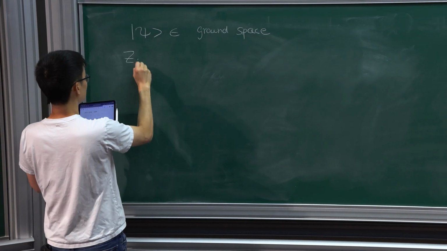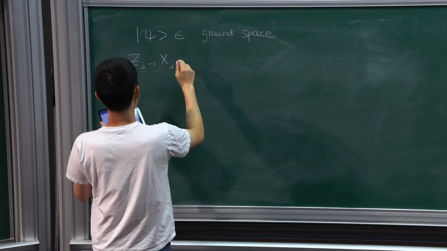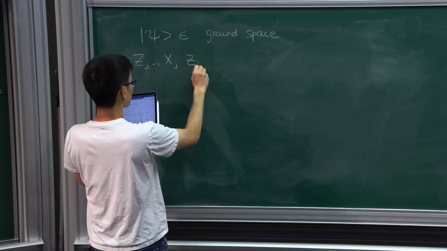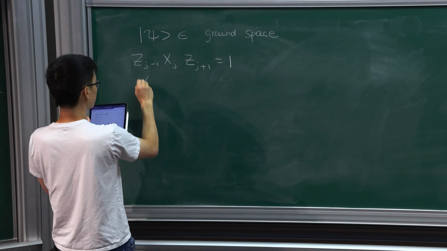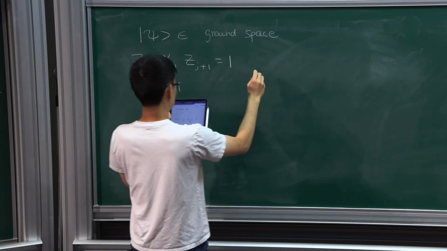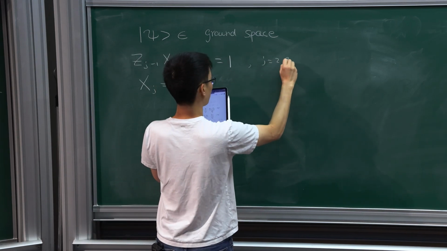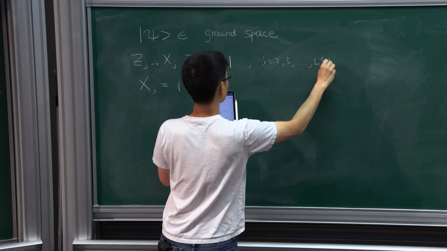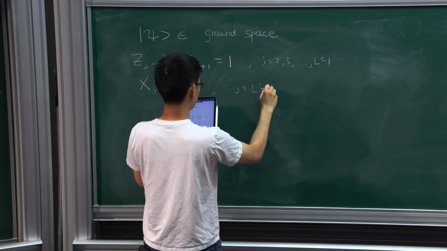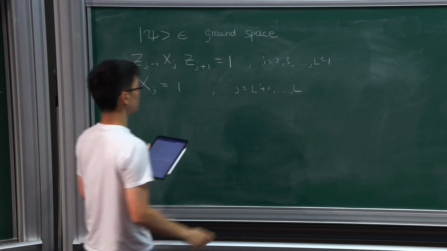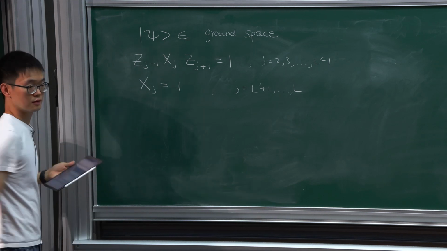Psi, by definition, satisfies, because it's a commuting Pauli Hamiltonian, I'm able to diagonalize every term at the same time. So I have ZXZ equals 1 for j equals 2, 3, all the way to L prime minus 1, and X_j equals 1 for j equals L prime plus 1, all the way to L. This is the eigenvalue of the state under these operators.